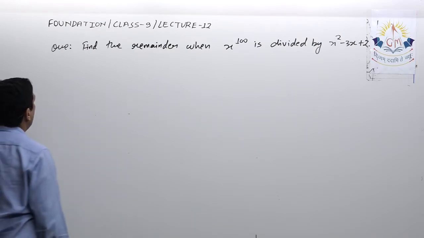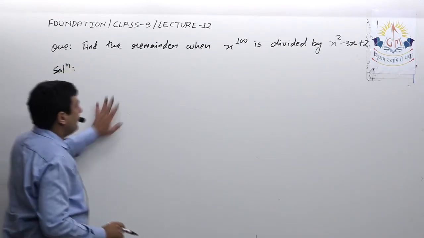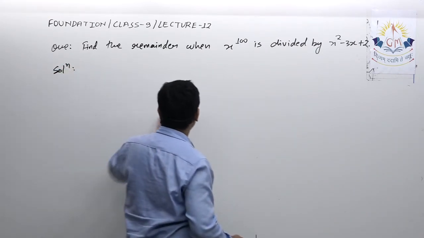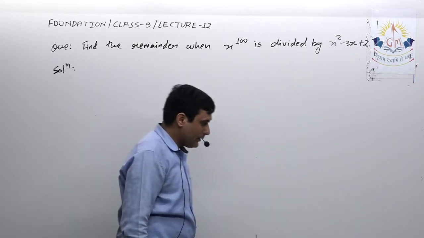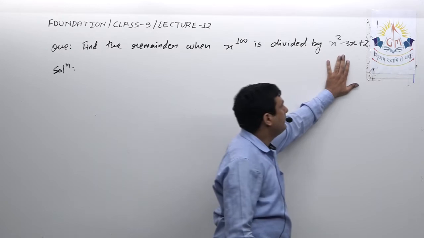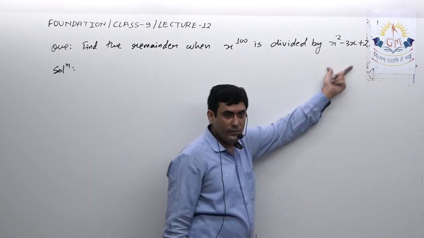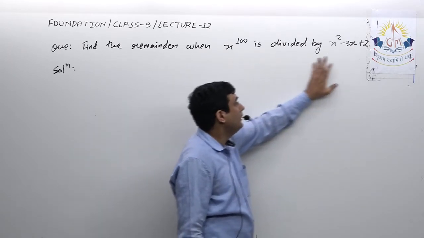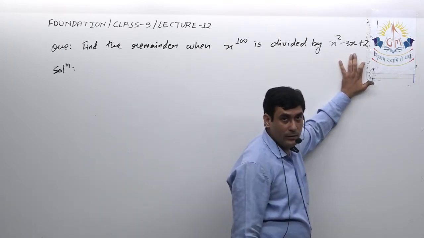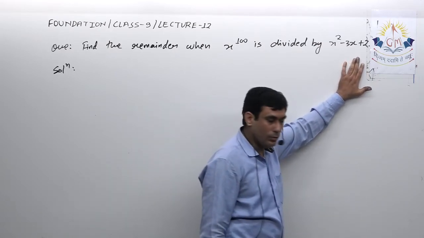So let us see how to find this. See, first of all, we'll assume what the remainder is, and that assumption depends on the divisor. Here the divisor, that means the polynomial by which we are going to divide x raised to 100, is a quadratic polynomial. That means the degree of this divisor is 2.